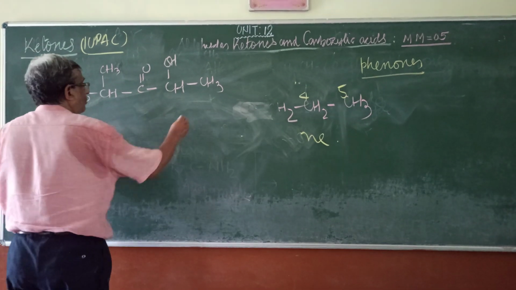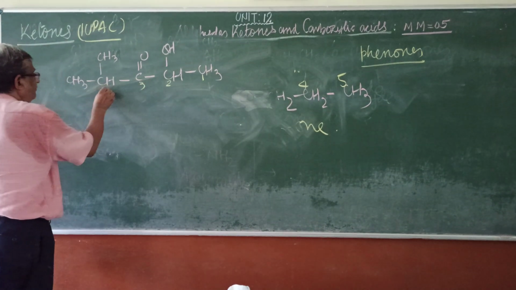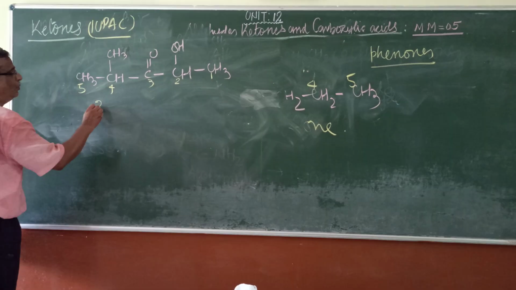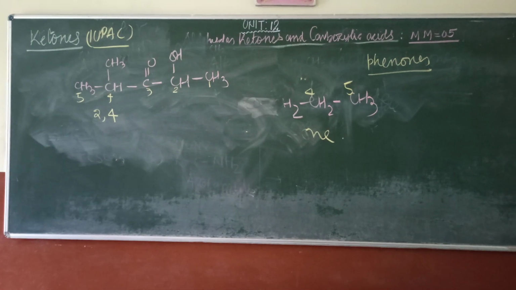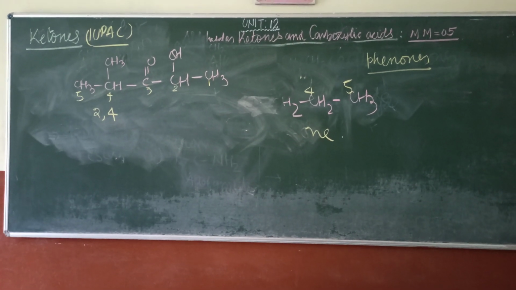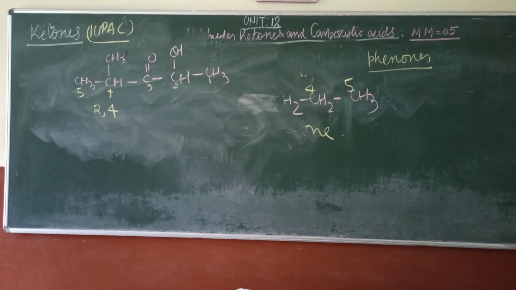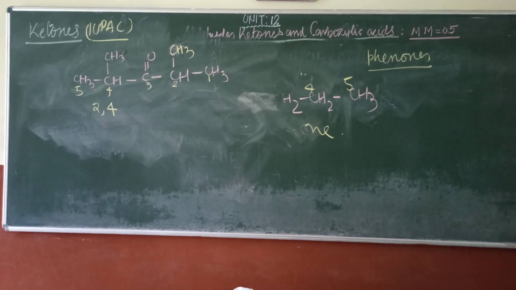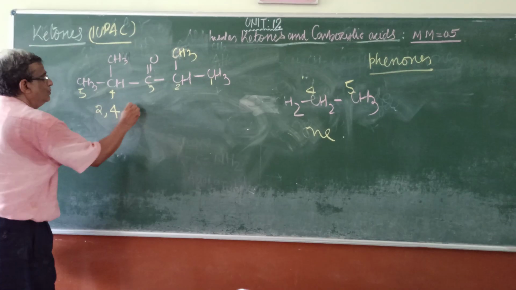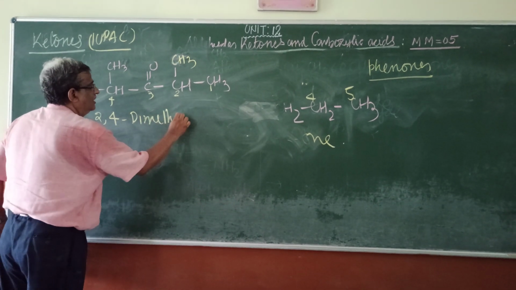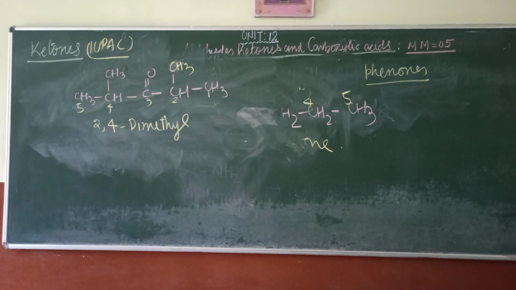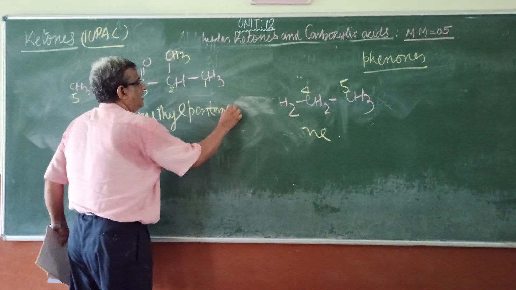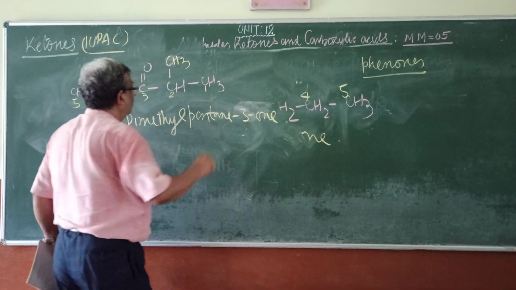Now here 1, 2, 3, 4 and 5. Children, the name of this compound is 2,4-dimethyl. So the name of this compound is 2,4-dimethylpentan-3-one.